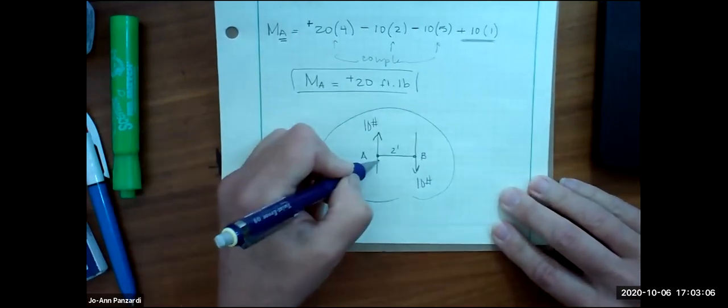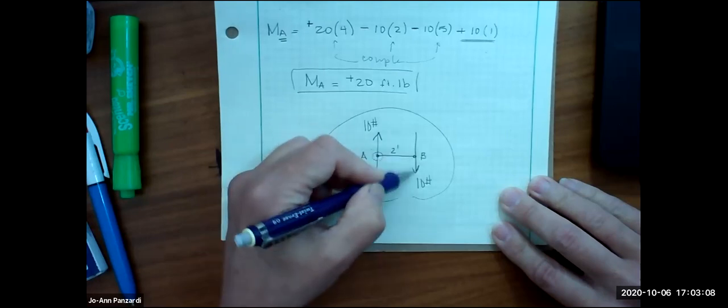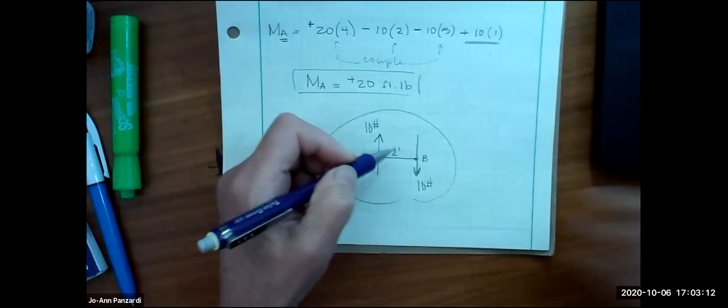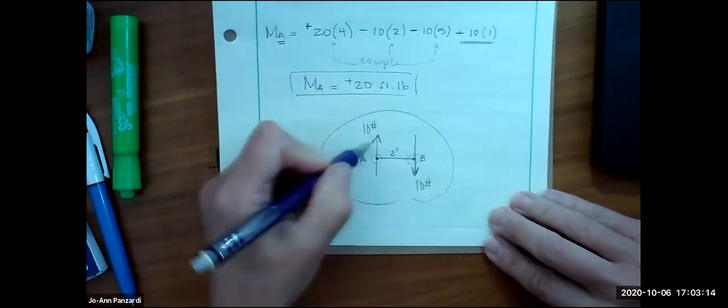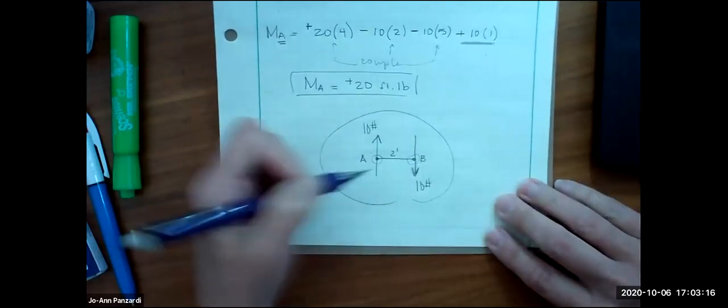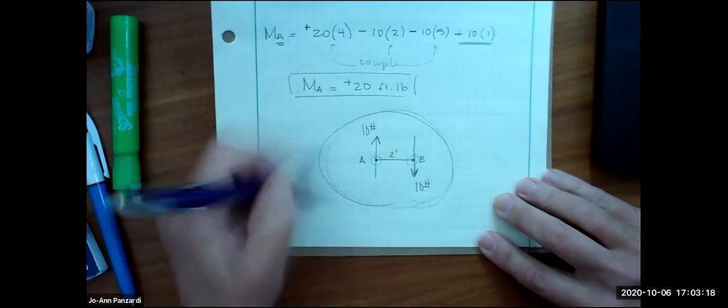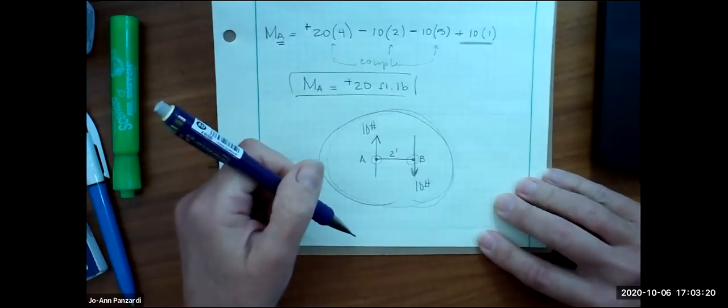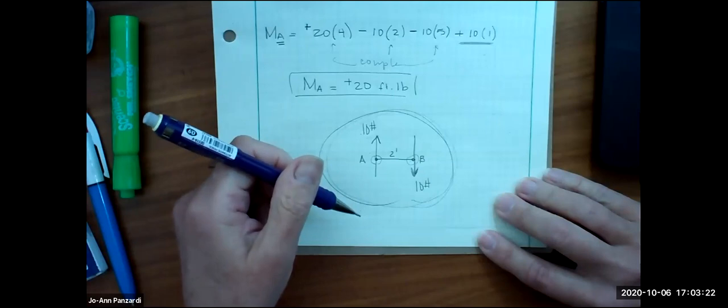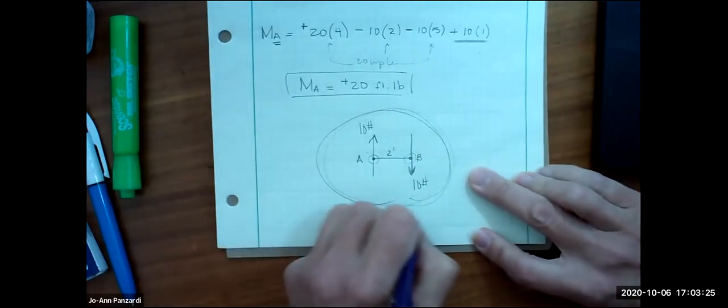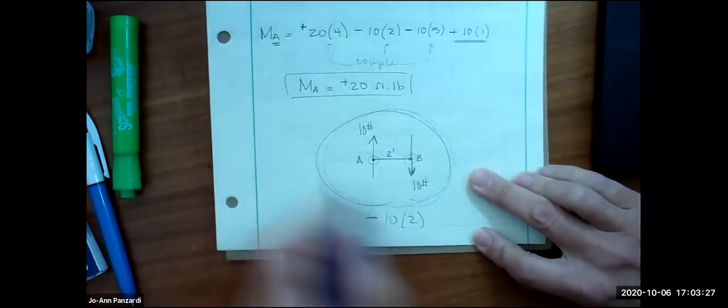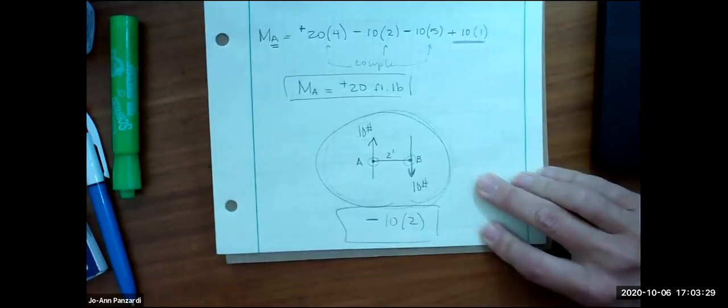If I looked at point A, I could look at only this force and say it's 10 times 2, negative. At B, I could only look at this force and it's 10 times 2. Or just look at the whole system and you know that a couple creates the same moment about any point. So it's going to be 10 times 2, negative.